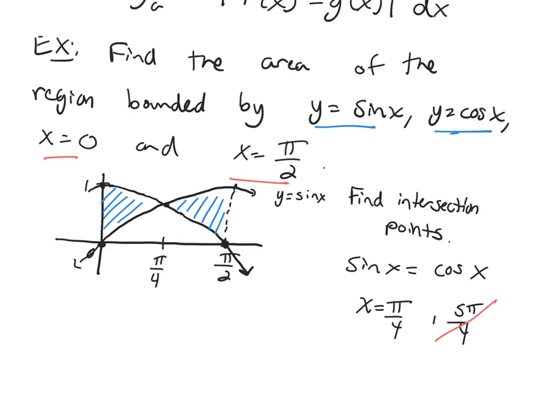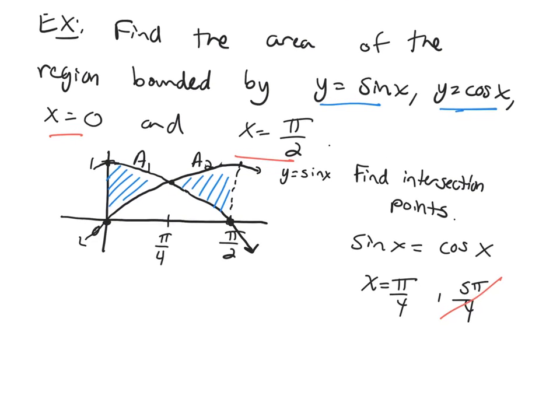Let's call this first one A1 and the second one A2. So to find the total area, A, I need to add up the area of that first region plus the area of my second region.